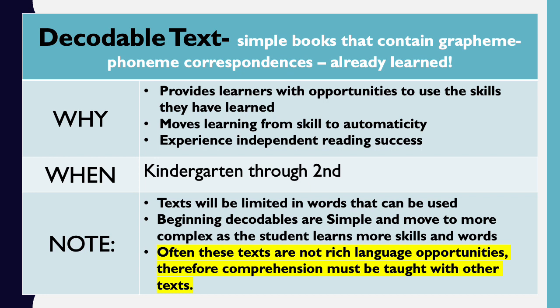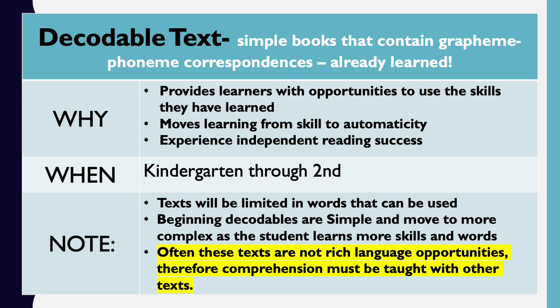It allows students to experience independent reading success. They aren't feeling frustrated. They aren't guessing. They aren't looking at the teacher or the pictures, but really focusing on the words. Students in kindergarten through 2nd grade should have exposure to decodable text.